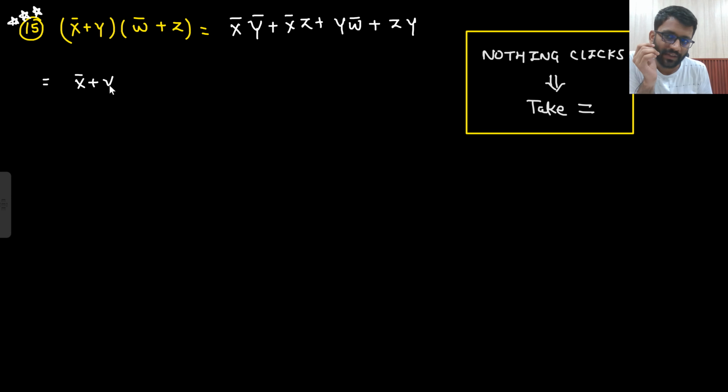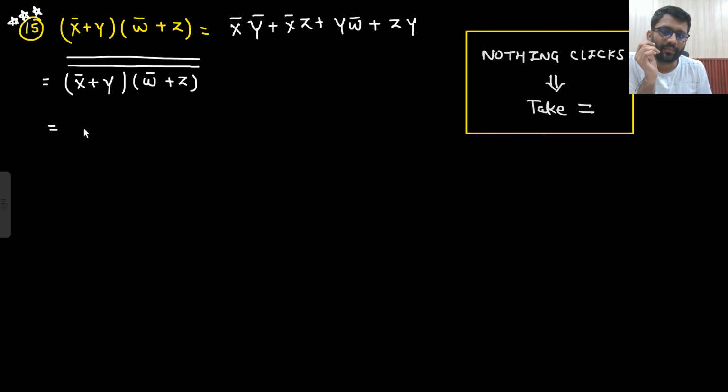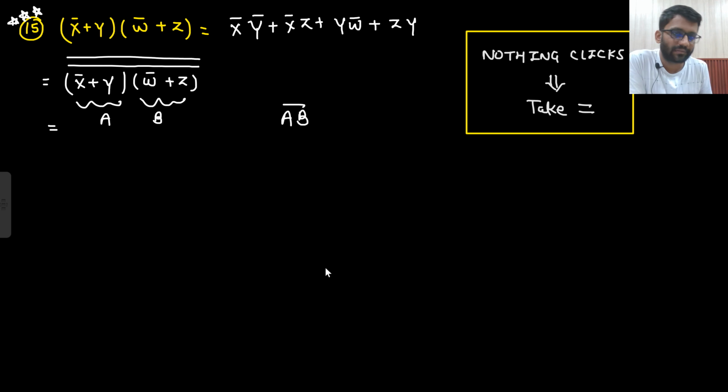So x bar plus y into w bar plus z, double bar of that. So what will this become? X y bar into, okay, you are not habitual of it. So let's just say this is A and this is B. So this is AB bar, right?